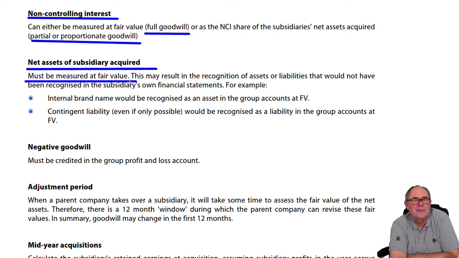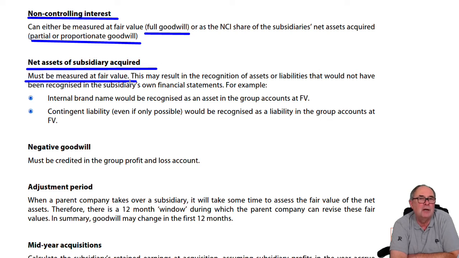And really, what they're trying to make sure is that goodwill should actually be a very, very small number. Because all of the net assets that you acquire must be measured at fair value. And net assets will include intangibles, anything that is identifiable.